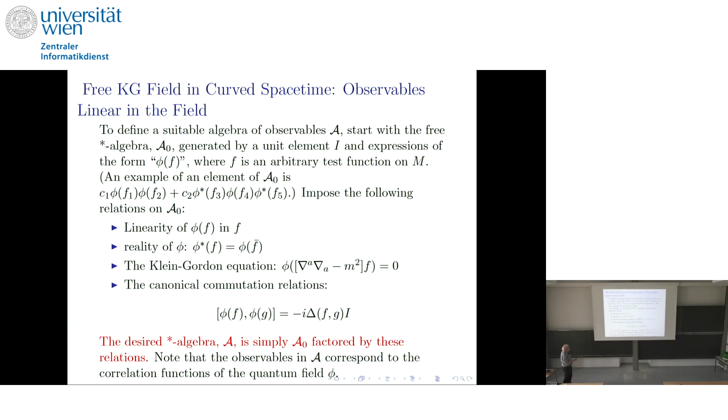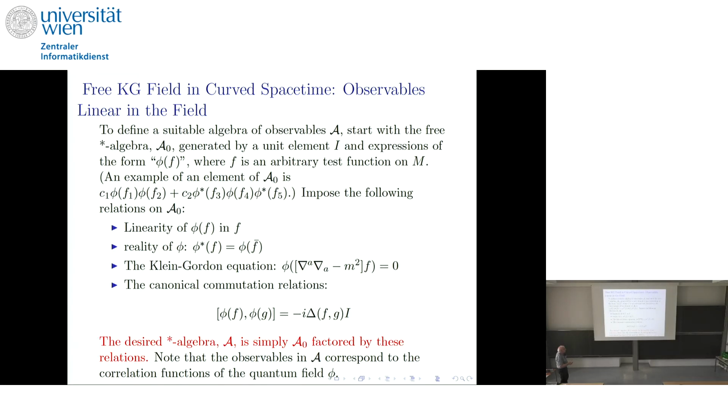And then you impose the following conditions. The linearity: you want this to be a distribution, so you certainly want it linear in F. We want the field to be self-adjoint, so if we allow smearing with complex functions, which would be convenient, we don't have a Hilbert space here, we have a star algebra, but we want the star to satisfy this.